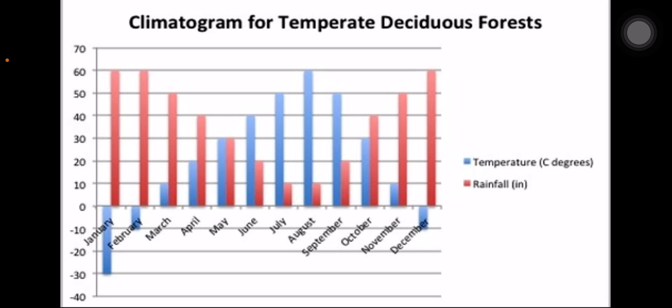So the daily temperature range is a big range because there are really hot summers and really cold winters. So it's hard to get a very accurate daily temperature range. And then the average precipitation in a deciduous forest is going to be 30 to 59 inches per year.